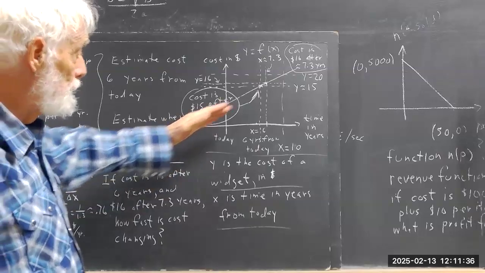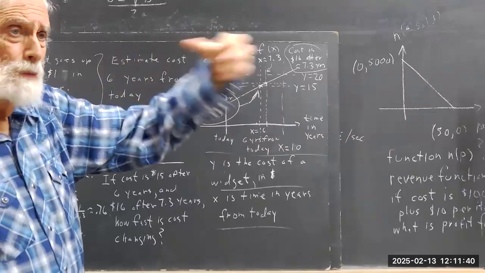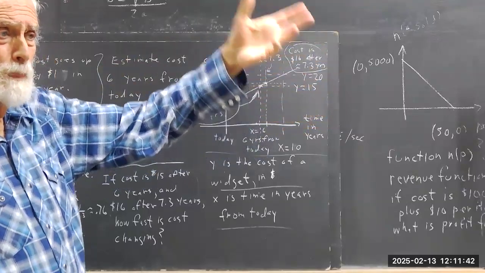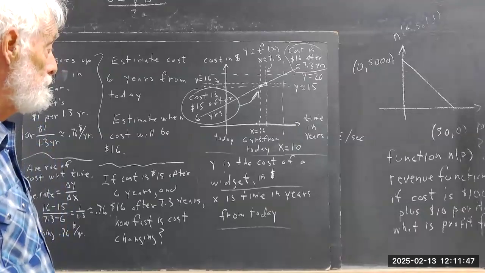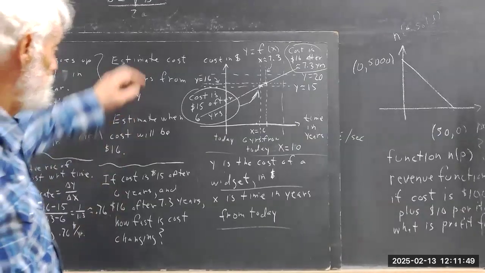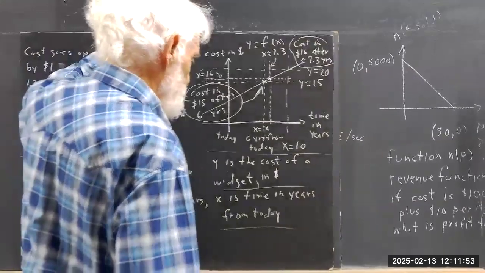So if you take the actual slope of this line, it doesn't quite match this one. Maybe it's 0.76 and it should be 1.1 or something. Okay. But that's okay.